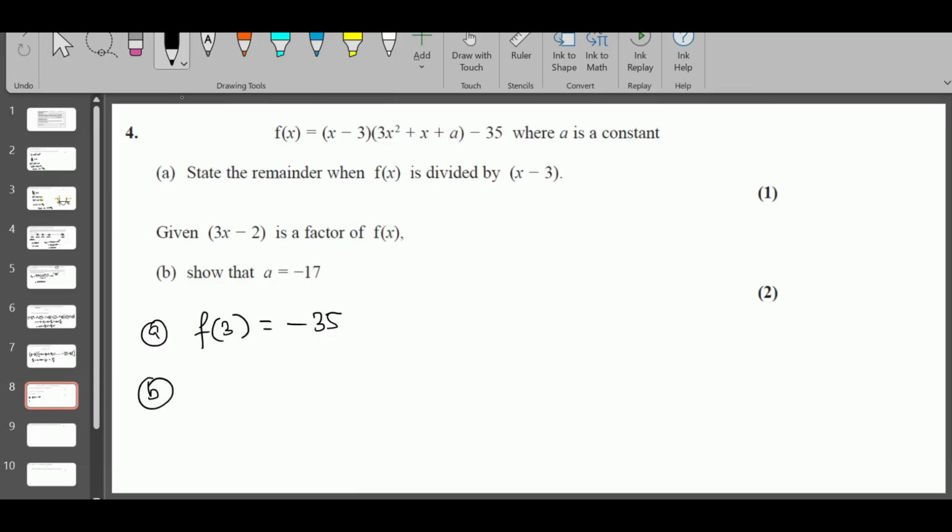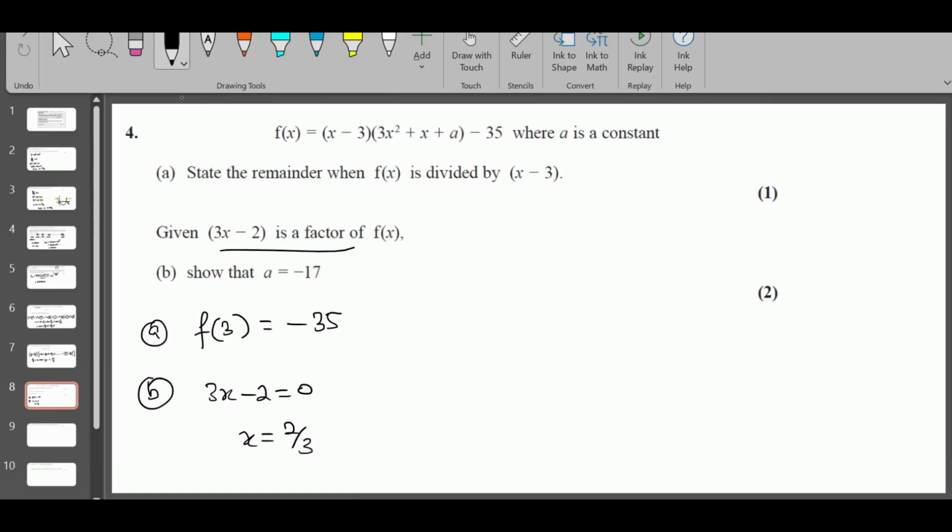Part B now. Given that 3x minus 2 is a factor, equate 3x minus 2 to 0, so x is 2 over 3. Since it's a factor, when you sub this into the function, the value of the function will become 0, because there will be no remainder.